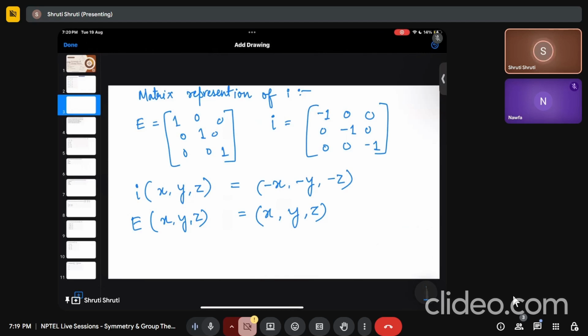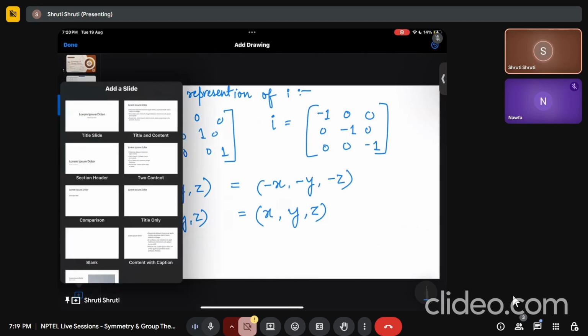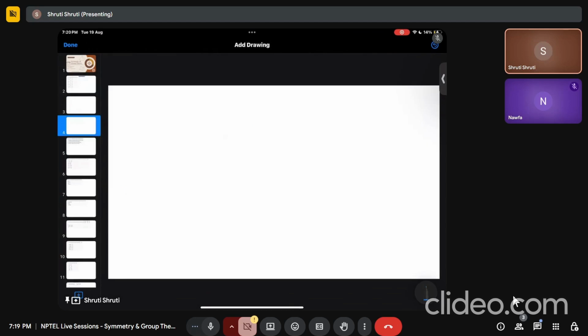Now we have to construct the matrix for C3 squared.